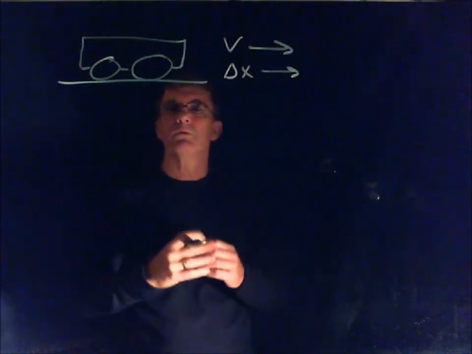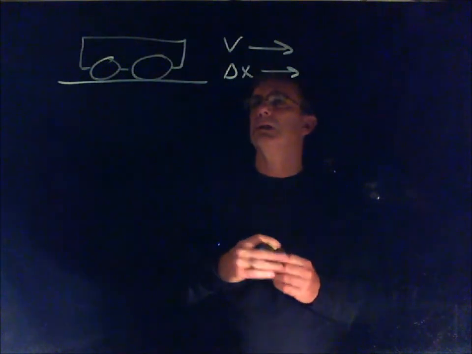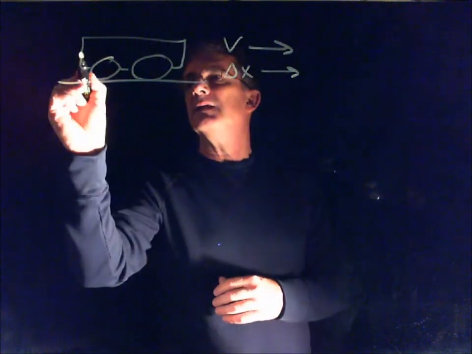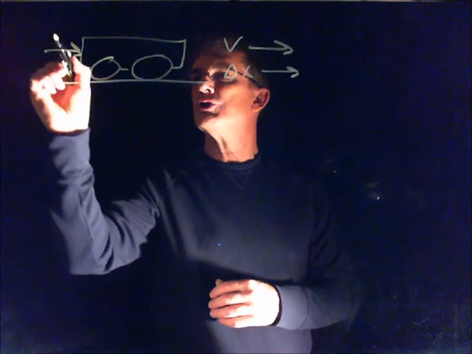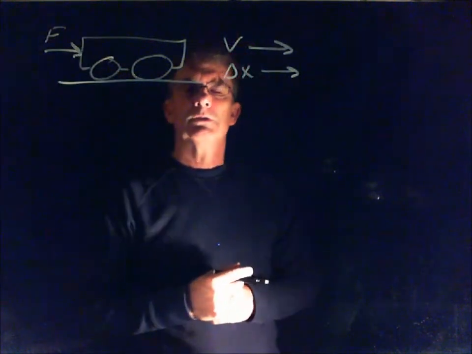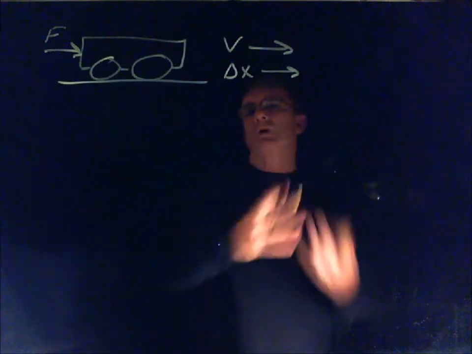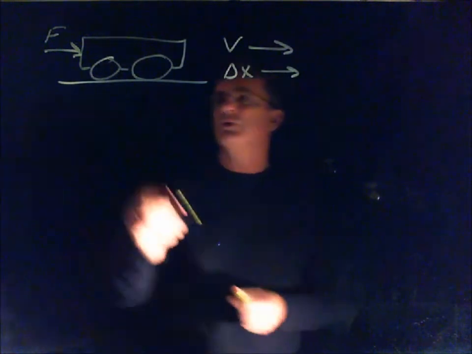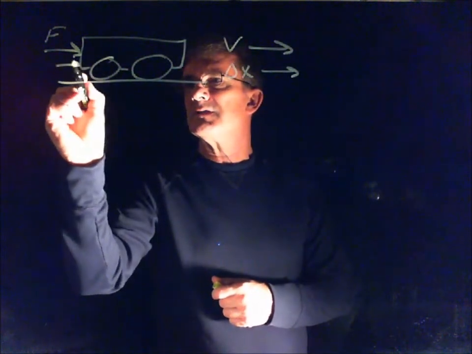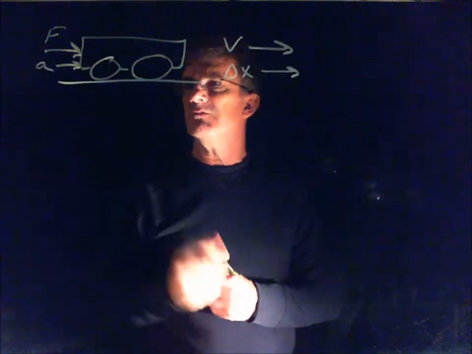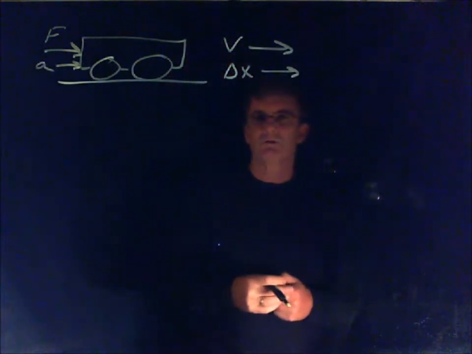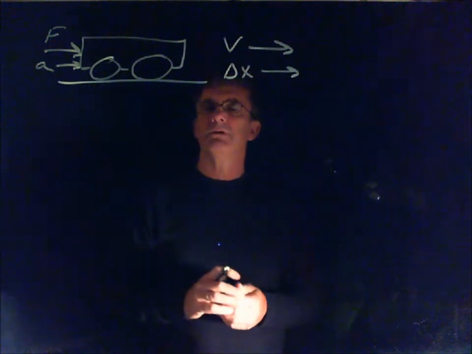Let's say we then give the car a push to the right. We know that the direction of the force of that push and the direction of the acceleration are in the same direction, so it's also going to accelerate to the right.